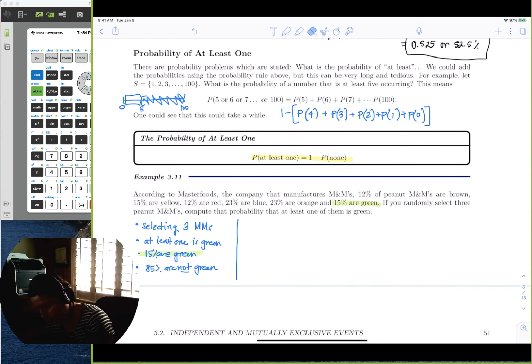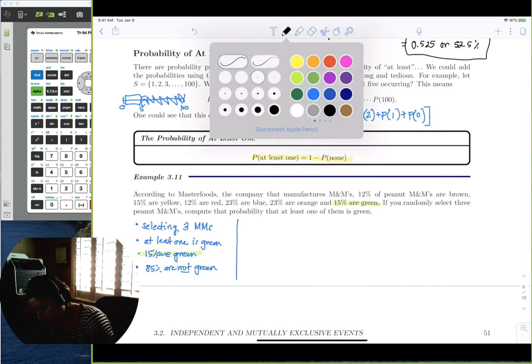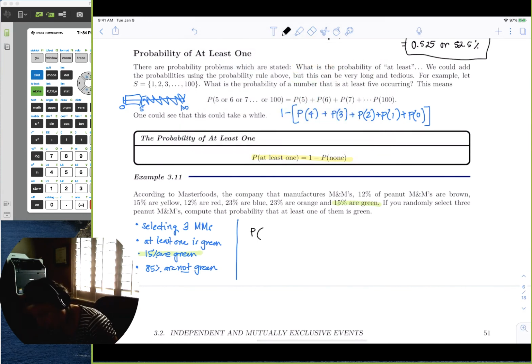Okay, so going to the problem, the probability that at least one of the 3 is green is equal to 1 minus the probability that none are green.